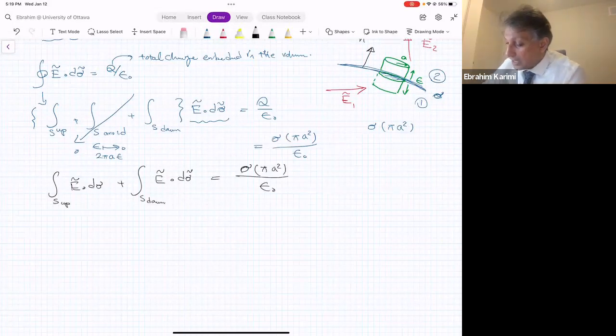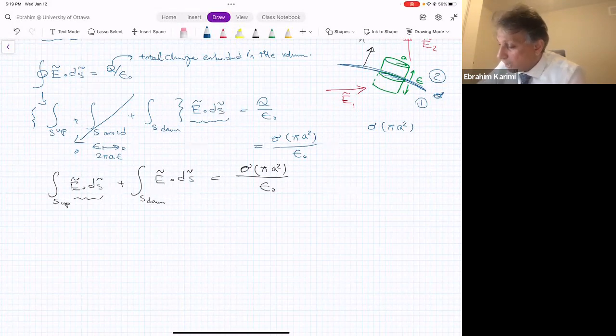So E dot d sigma, what is the sigma here? D sigma is the surface. By the way, don't get confused. Maybe it would have been better to not write sigma, write S small. Let's write it S small. It is a surface, it is not a charge.